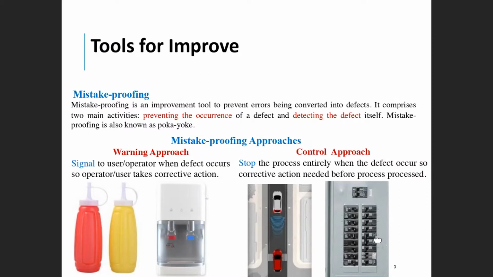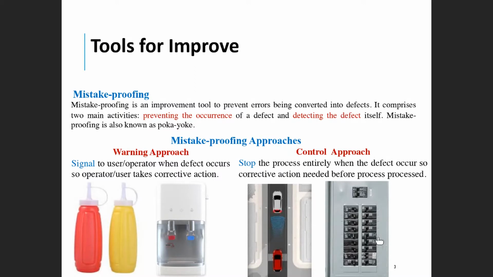So how they work: if there is an overload in a certain electric socket in your kitchen or in your home, the circuit breaker or switch breaker will turn off the electricity fed to that socket, so you don't overload it and cause a fire. So this is a very simple example of the control approach.